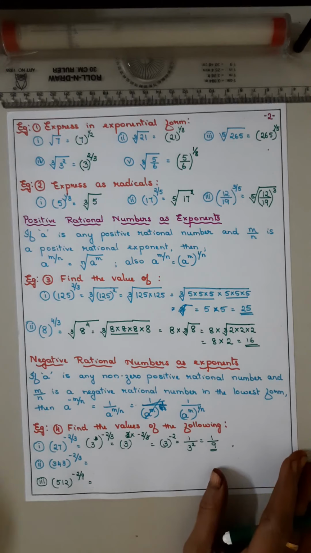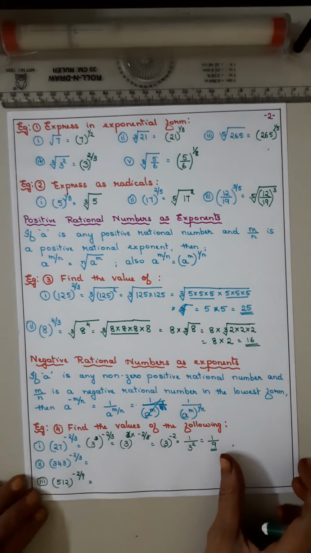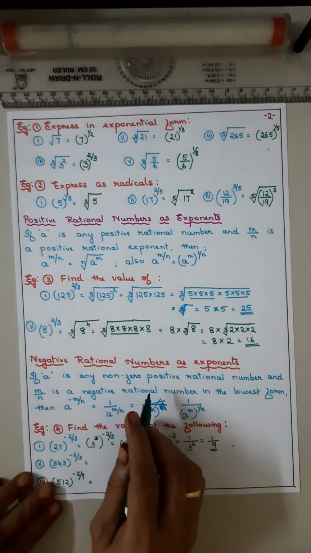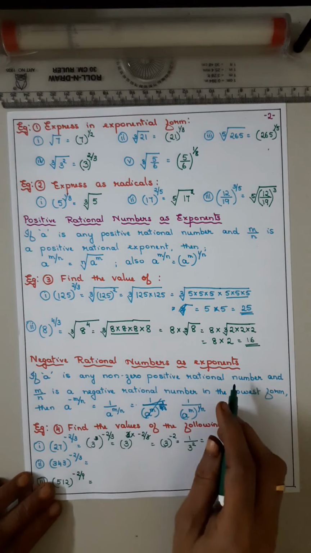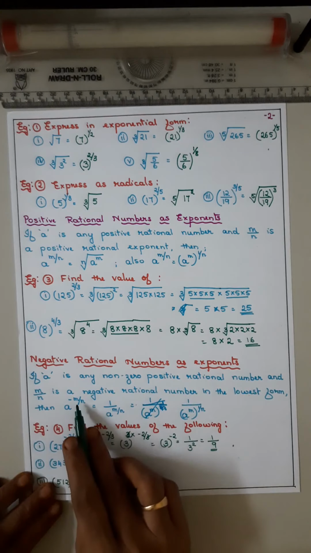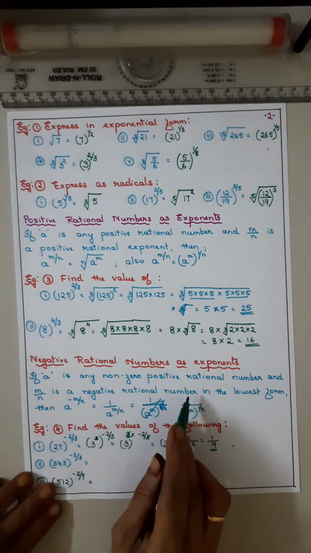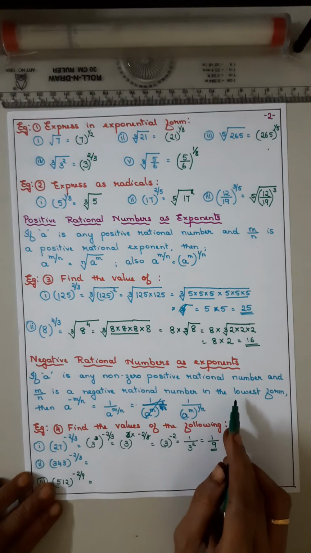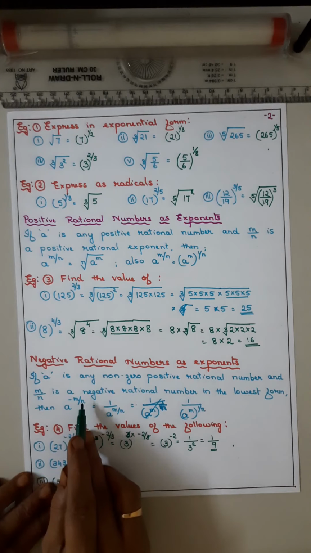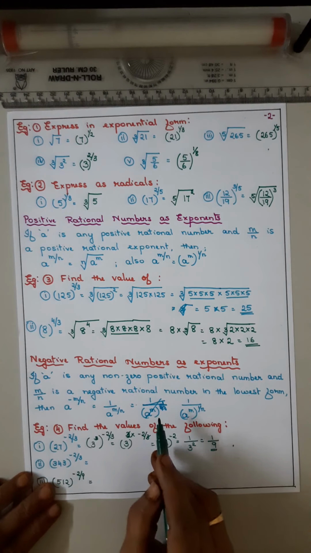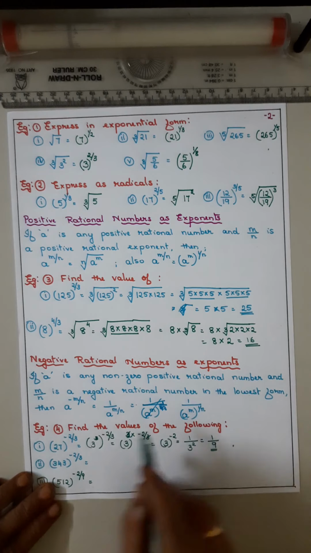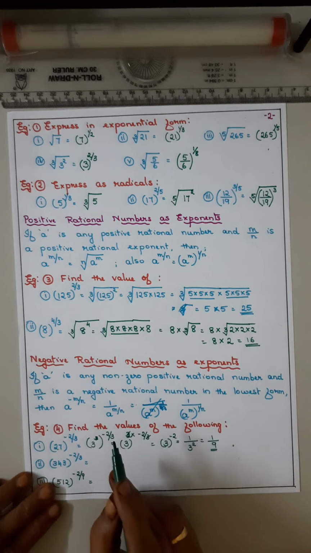Now negative rational numbers as exponents. If a is any non-zero positive rational number and m by n, meaning the power is a negative rational number in the lowest form, then a to the power minus m by n is equal to, how is it written? 1 by a to the power m by n.